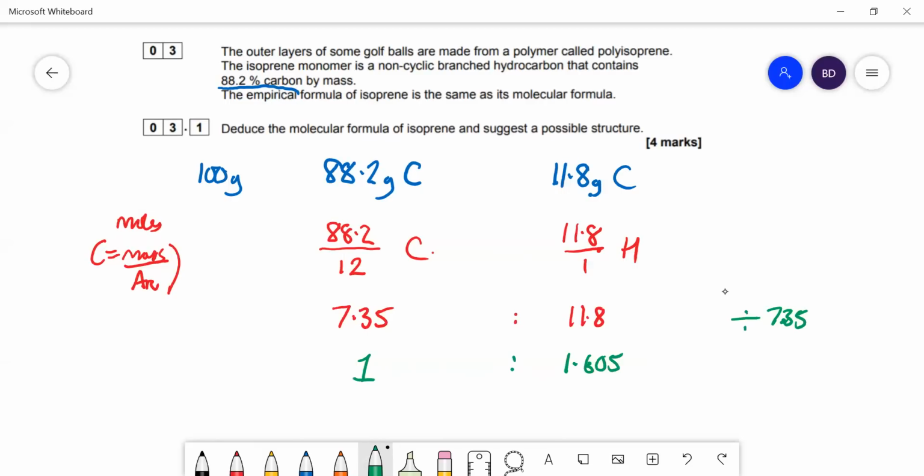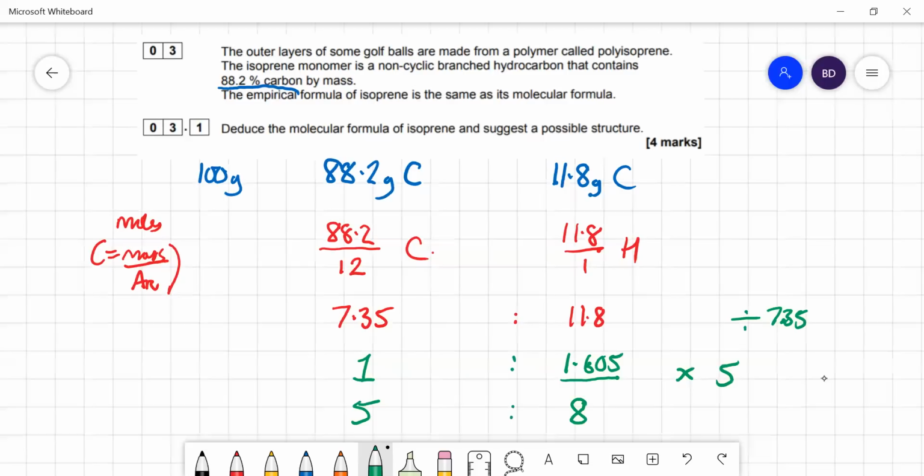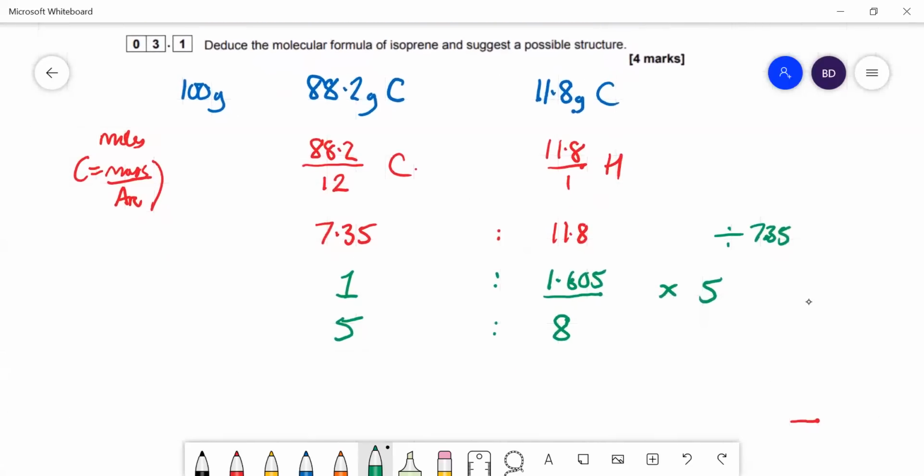So what can we multiply it by to give us a whole number? Well, if we multiply it by 5, that will give us a whole number. 1 times 5 is obviously 5. 5 times 1.605 gives us more or less exactly, just slightly over 8, but it's about 8. So we can say, therefore, that the formula of the isoprene is C5H8.